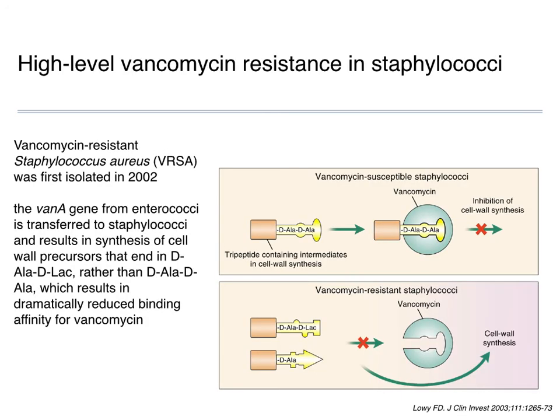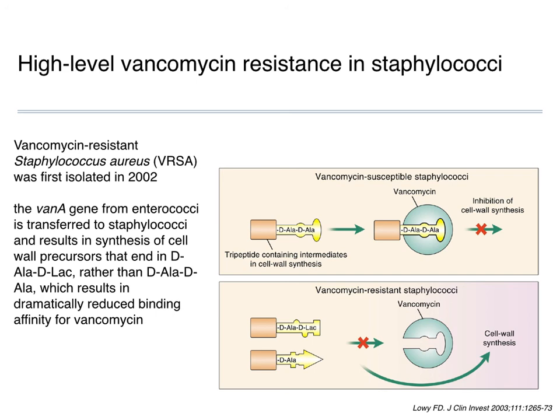So then finally, what we always feared happened in 2002. This is where enterococci and staphylococci got together and swapped DNA basically, and so this VanA gene, which was responsible for this change from D-Ala to D-Ala-D-Lac, was transferred to Staph aureus. So in the end result, Staph aureus acquired that same mechanism of resistance, a change in the target site.